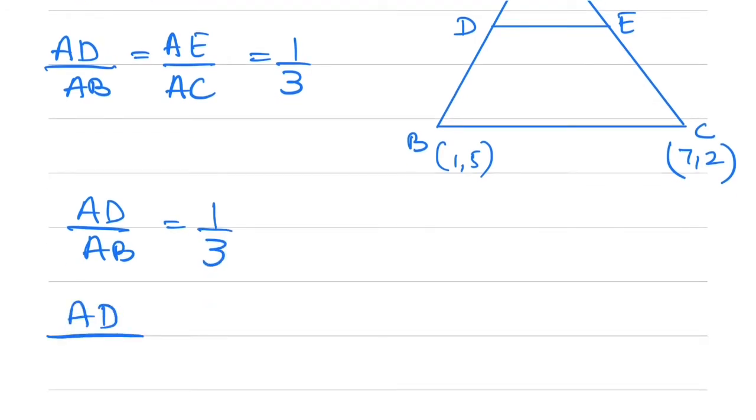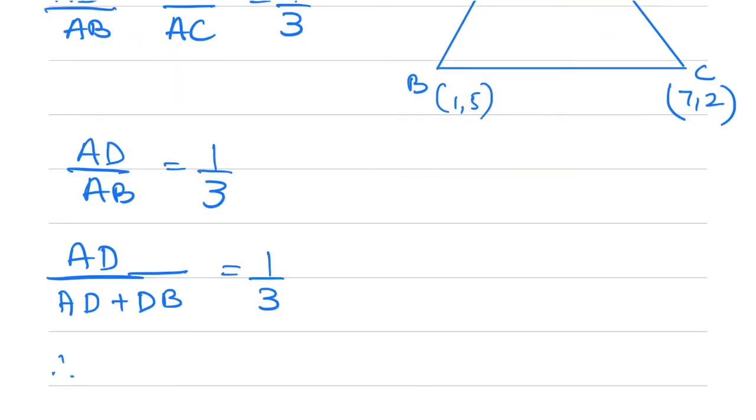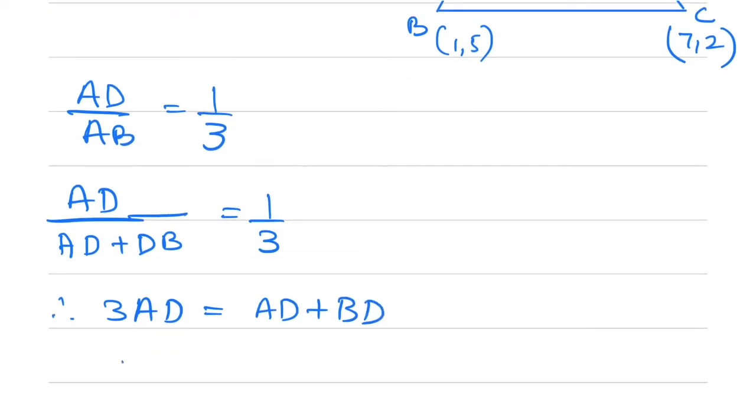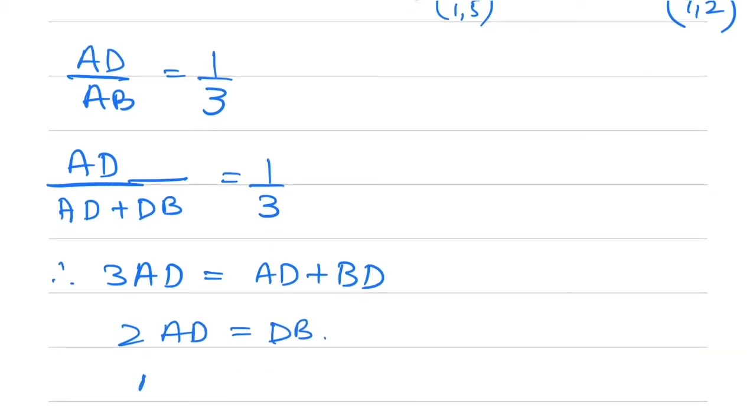I can write AB as AD plus DB, so AD/(AD + DB) = 1/3. Therefore, thrice AD is equal to AD plus DB. So twice AD is equal to DB. Therefore, AD : DB is 1:2.